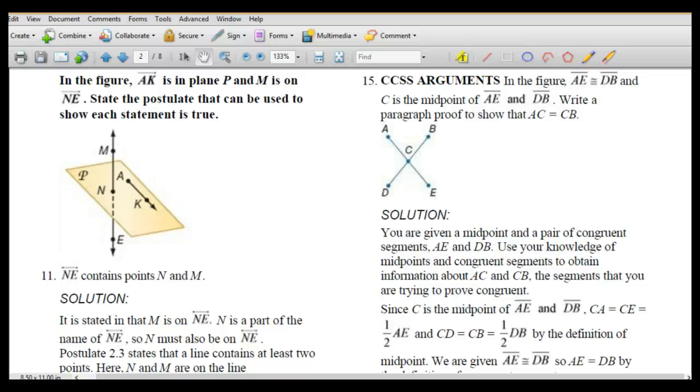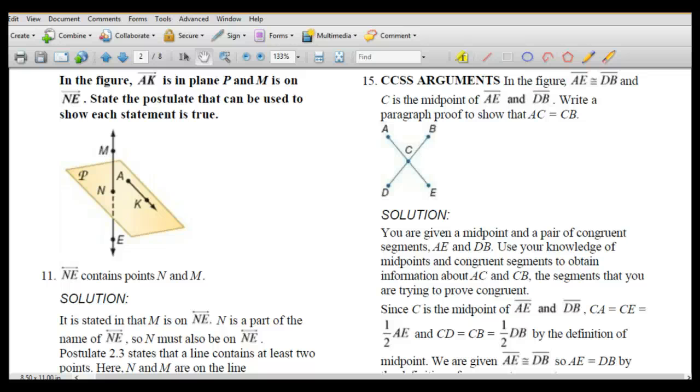This is done by writing a proof, which is a logical argument in which each statement you make is supported by a statement that is accepted as true. And for a paragraph proof, so one method of proving statements and conjectures, a paragraph proof, involves writing a paragraph to explain why a conjecture for a given situation is true.